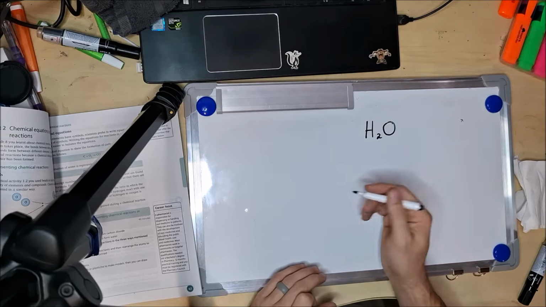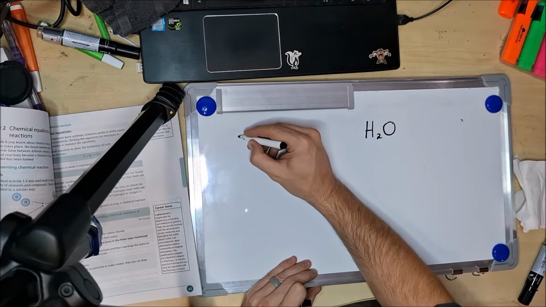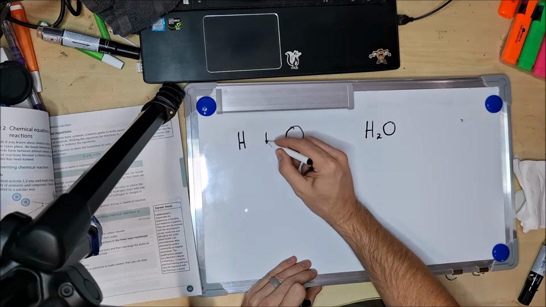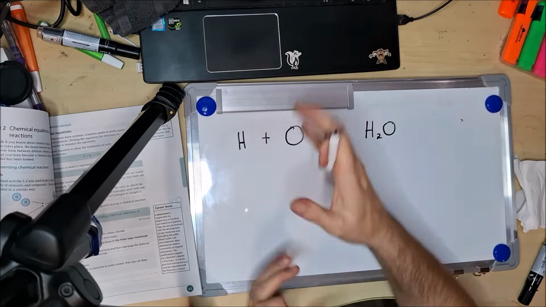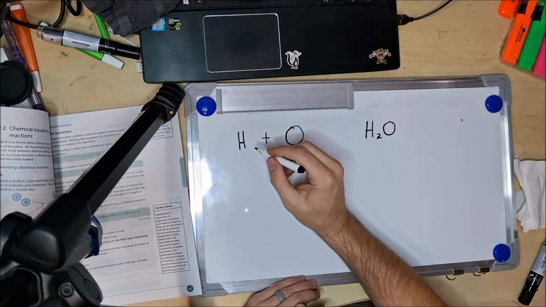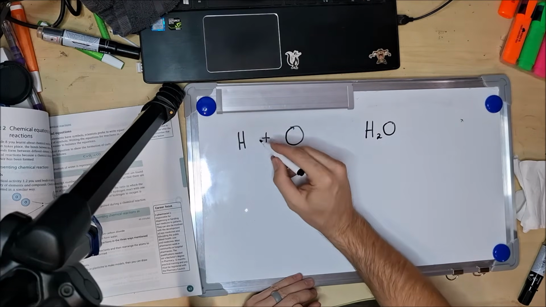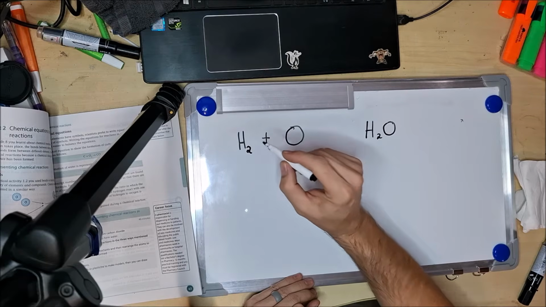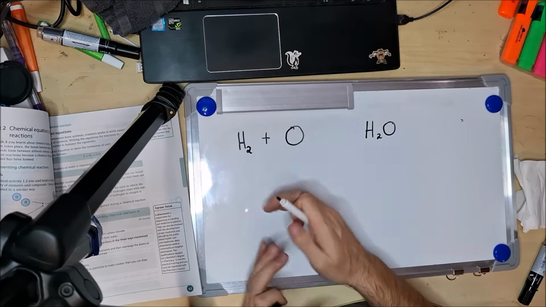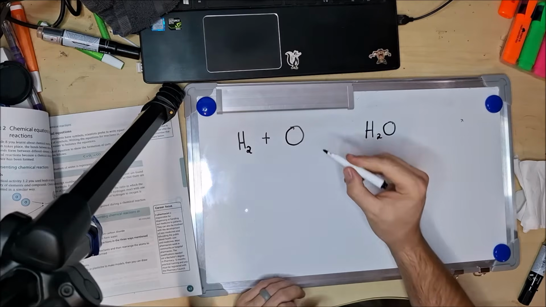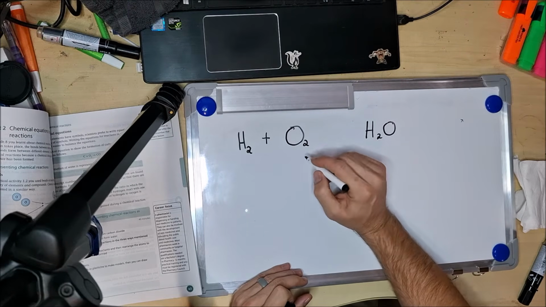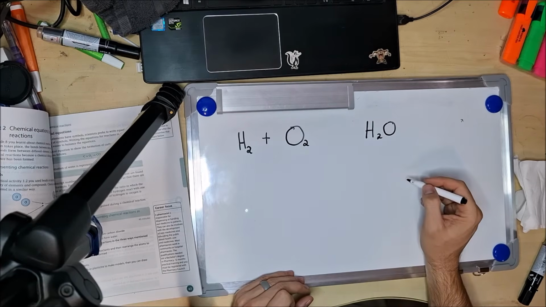Now, when we say I'm working with hydrogen, I look at hydrogen and I look at oxygen and I say, hey, if I take hydrogen from the periodic table, I know it is a diatomic molecule. So I'm giving it a subscript 2 because it cannot go on its own. And the same with oxygen. It is unstable if it does not have a little friend with it.